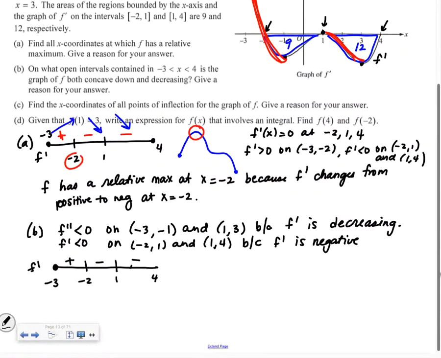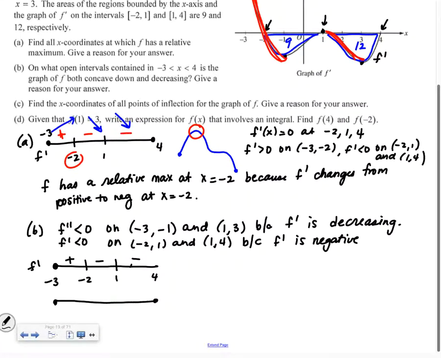And then the one that we're talking about for f double prime, we said from -3 to -1, and then from -1 to 1, it's increasing. And then from 1 to 3, we're decreasing again. And then 3 to 4, we're increasing. So we're decreasing, concave down in these spots. We want to know where they overlap.